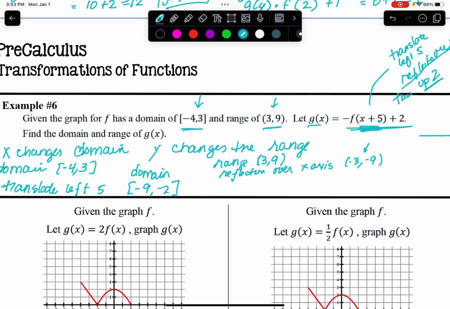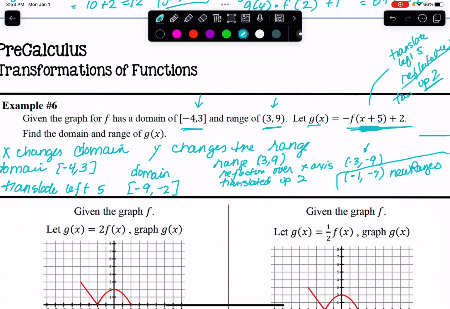This is the range in interval notation. Okay, and then it's translated up 2. So that would be adding 2 to each of these. So -3 plus 2 is -1, and -9 plus 2 is -7. So our new range, after all those transformations, is -1.